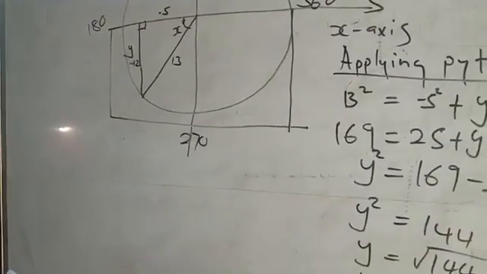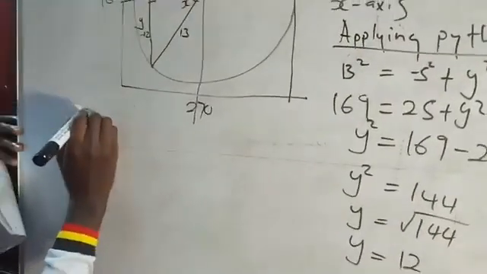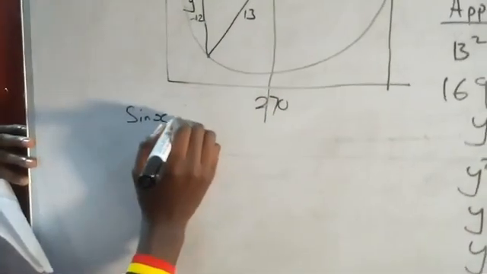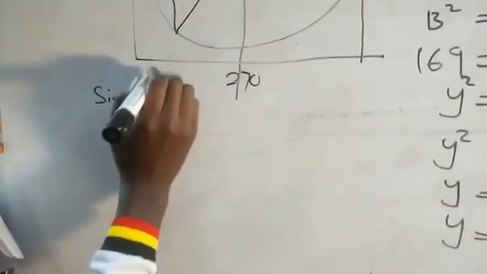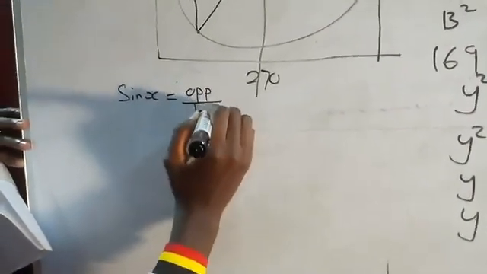So they have told us to get sine X, which equals opposite over hypotenuse.